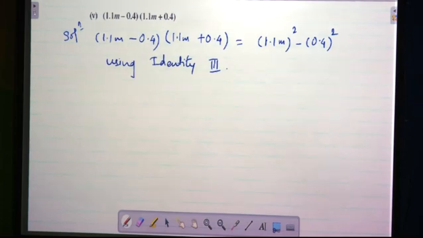What is identity 3? A plus B into A minus B is A square minus B square.